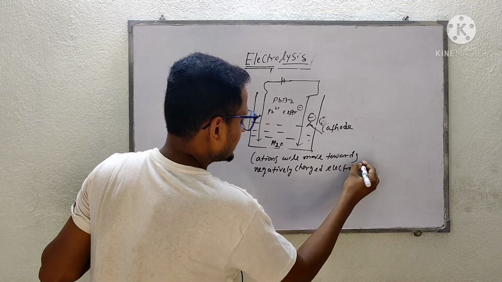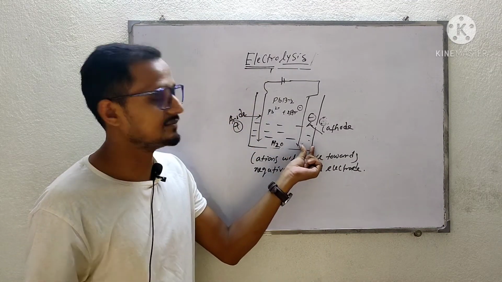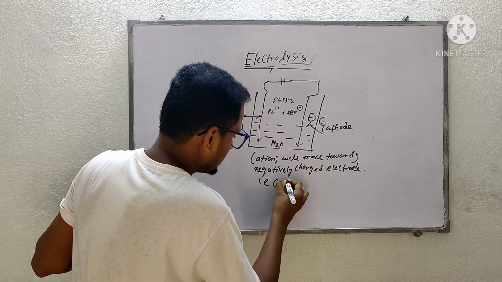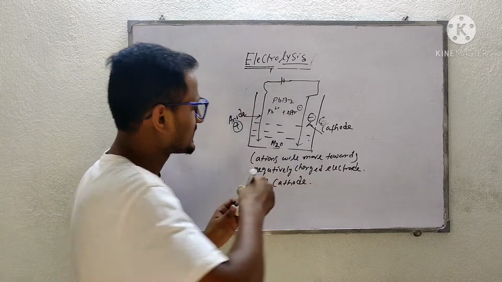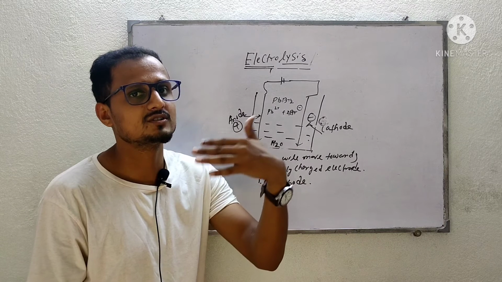Why? Because cations are positively charged and cathodes are negatively charged. That is the cathode, because both will be attracted to each other. So cations will move towards the cathode.